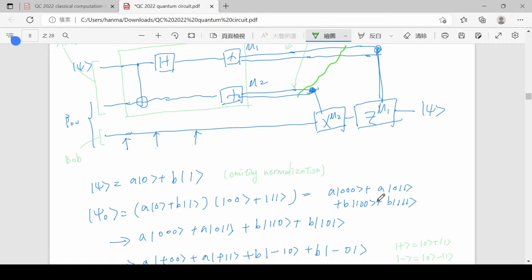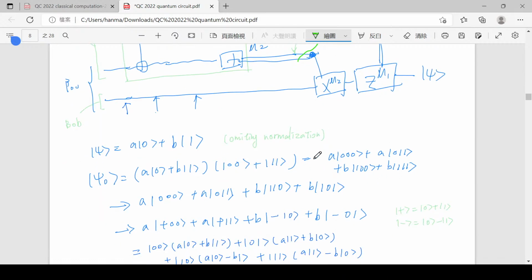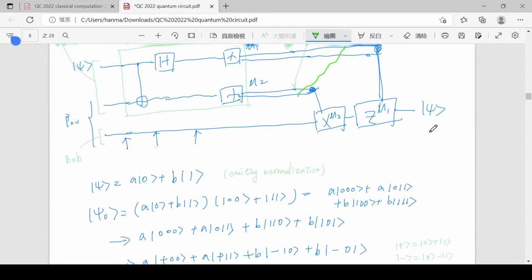And we can just multiply everything out. That's A|000⟩ + A|011⟩ + B|100⟩ + B|111⟩. Okay. Nothing happens.